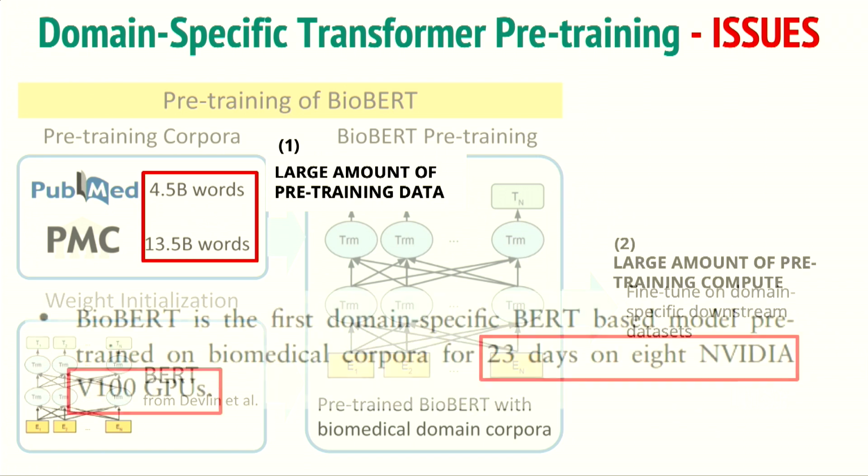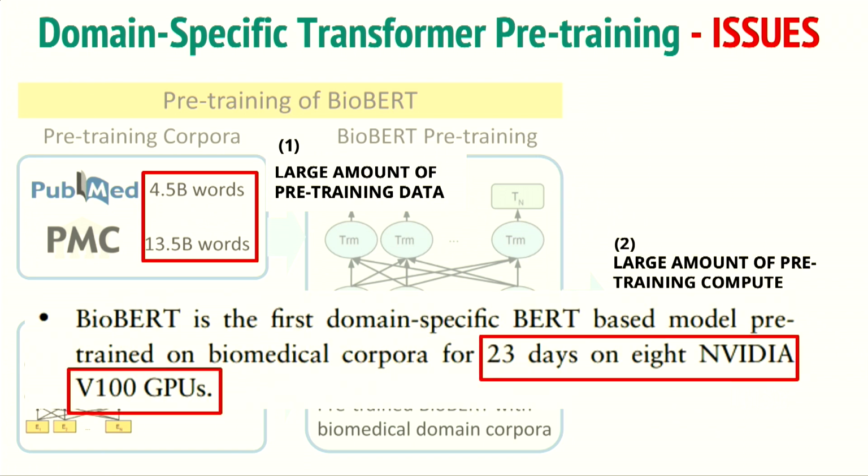And BioBERT is not even a big model, it's a small model, but it takes like 23 days of 8 NVIDIA V100 GPUs running continuously to get this learned. So that is a difficult thing. That's a huge thing. So let us dive back and think a bit.